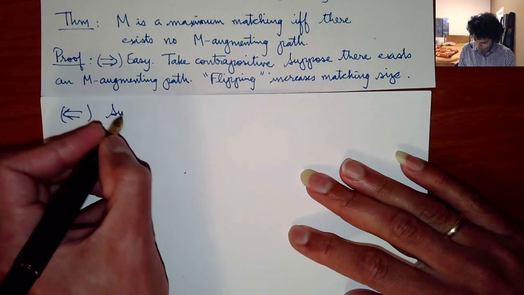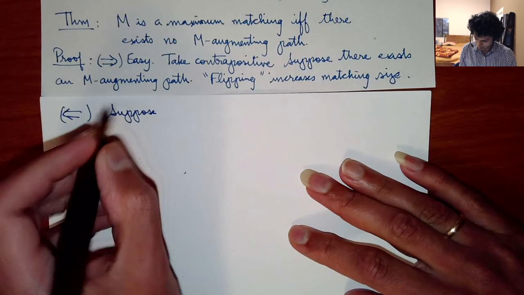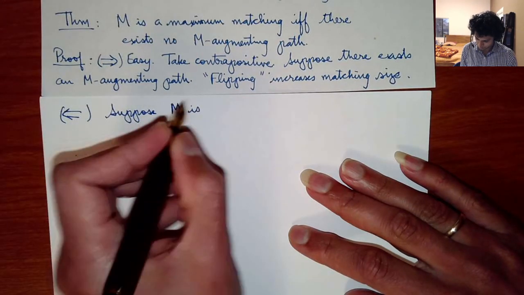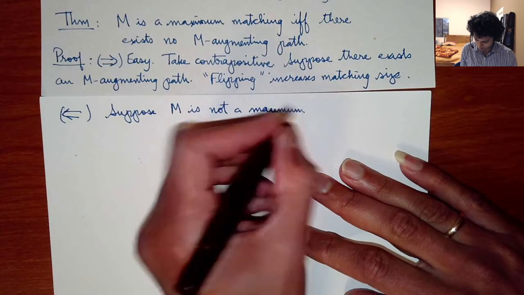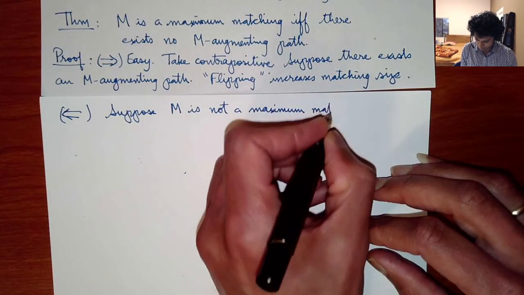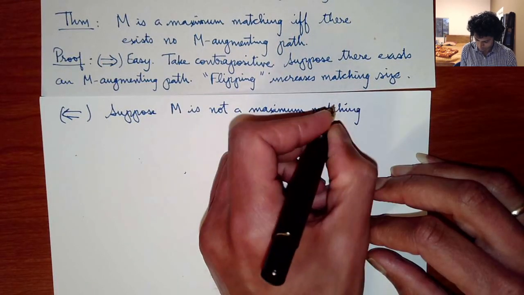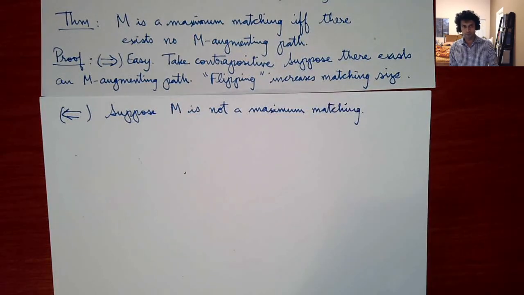We'll say suppose M is not a maximum matching. I need to prove that there exists an augmenting path. How would I go about doing that?